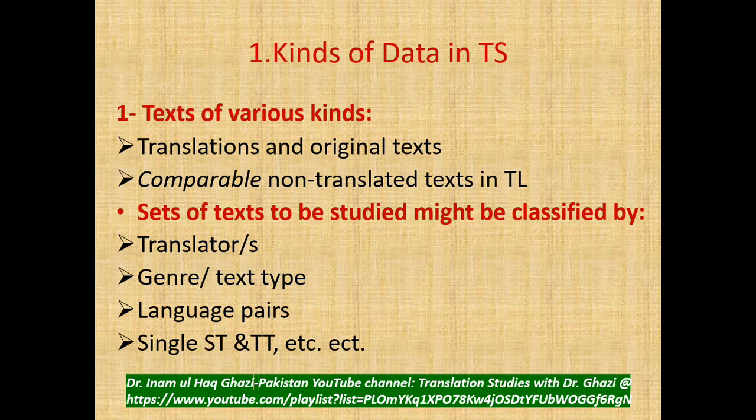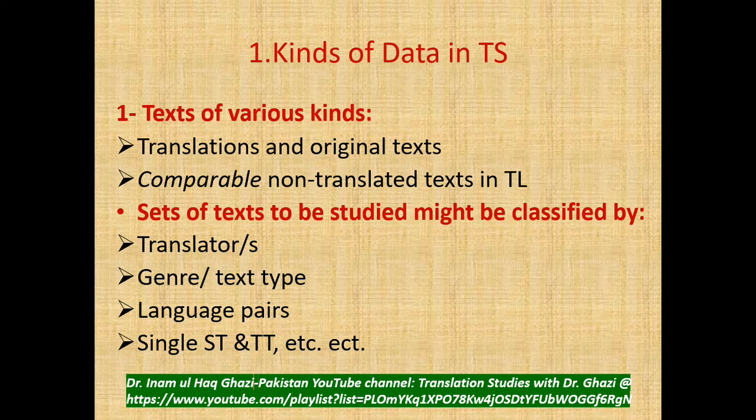So texts of various kinds: we have translations and original texts. We have also comparable non-translated texts in the target language, and I think in the previous talks and lectures we have introduced the comparable non-translated text.